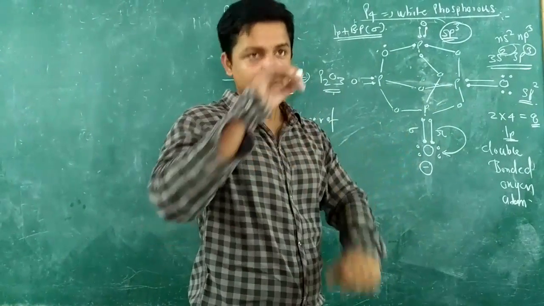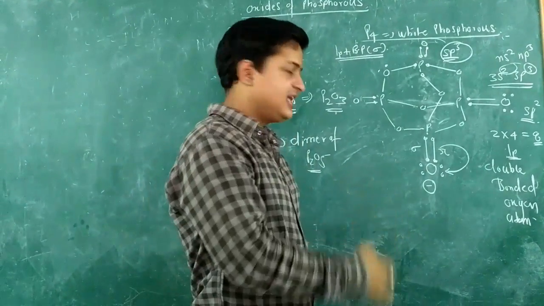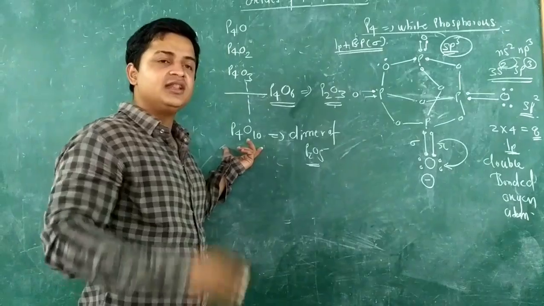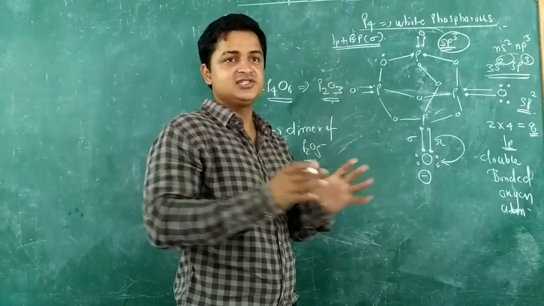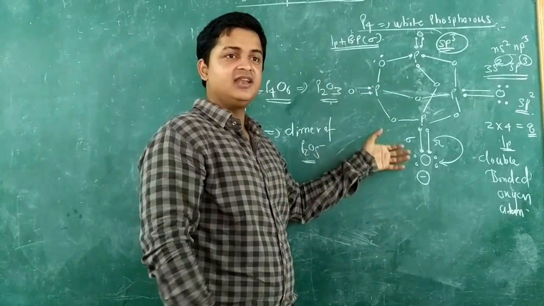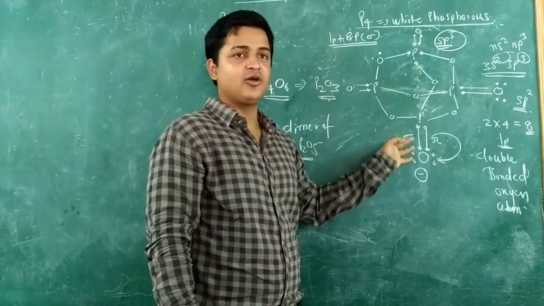So there are total 6 POP bonds in P4O10. In the same way, rather than asking about P4O10, they can even ask you about P4O6. So the simple strategy is that you have to draw the structure, and you can come to know about the hybridization, bond angle, and at the same time the number of bonds.